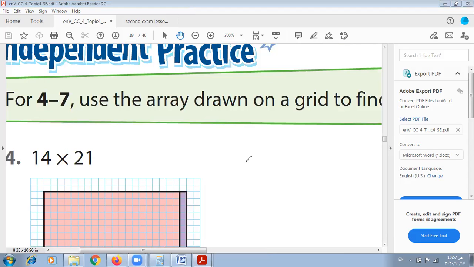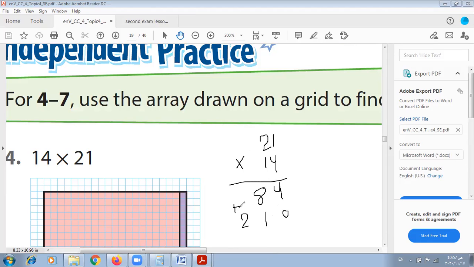So if I want to solve this, I will write 21 times 14. Now I will multiply. 4 times 1 is just 4. 4 times 2 is 8. Then I will add a 0. 1 times 1 is just 1. 1 times 2 is 2.